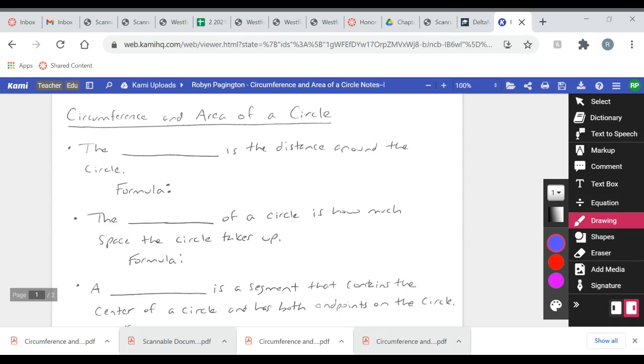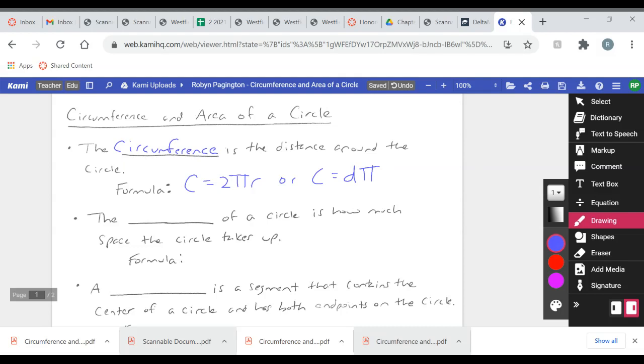So the circumference is the distance around a circle. I like to think of it as kind of like the perimeter of a circle. The formula for circumference is C is equal to 2 pi r, or you can think of it as the circumference is equal to diameter times pi.